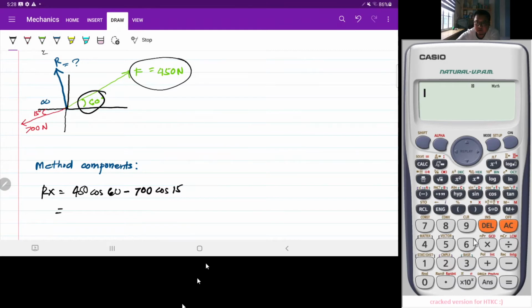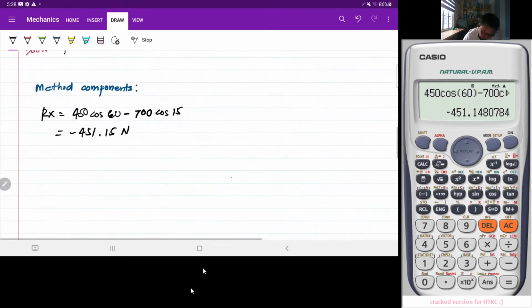Solving for Rx, 450 cosine of 60 minus 700 cosine of 15. So that is negative 451.15 Newton.